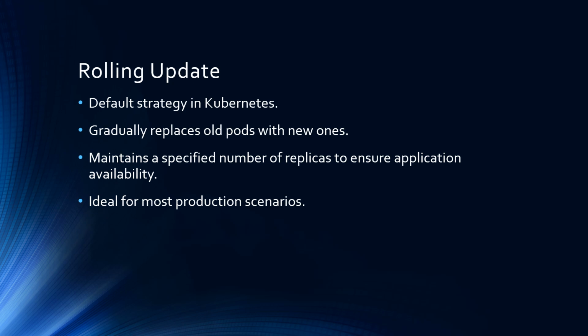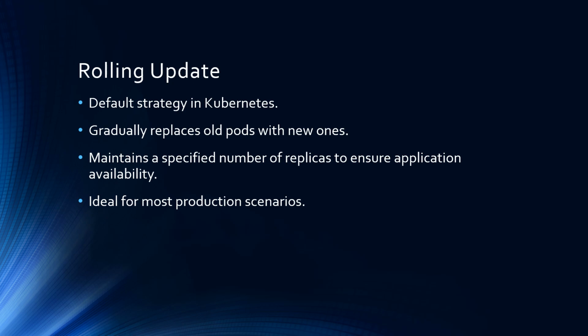The rolling update strategy is Kubernetes' default deployment method, and for good reason. It's designed to minimize disruption while ensuring your application remains available throughout the update process. Let me explain how it works in detail. Imagine you have a deployment with 5 pods running version 1.0 of your application. When you initiate a rolling update to version 2.0, Kubernetes doesn't update all pods simultaneously.